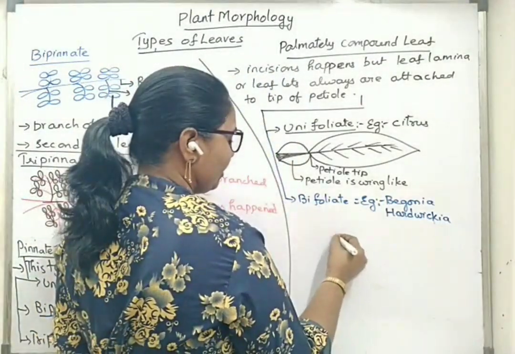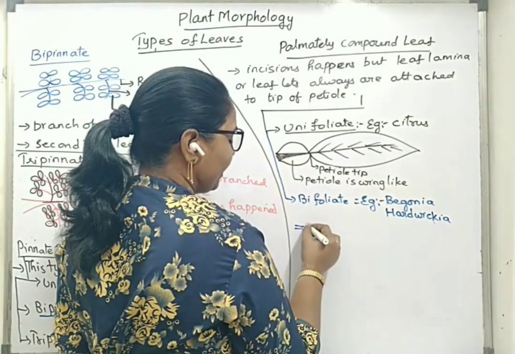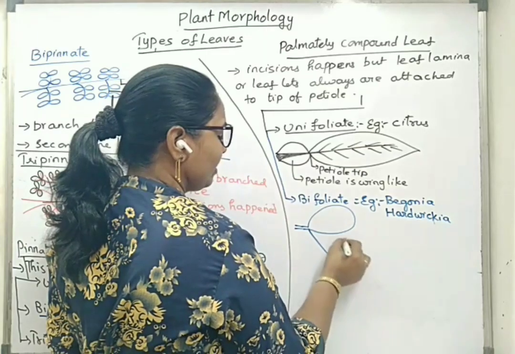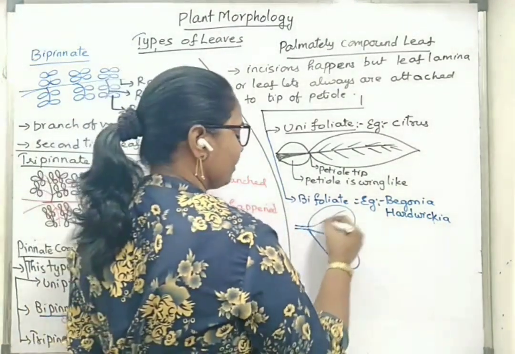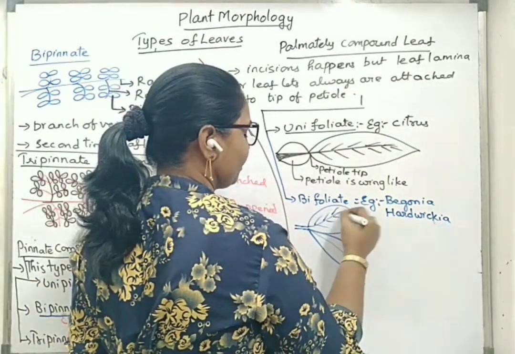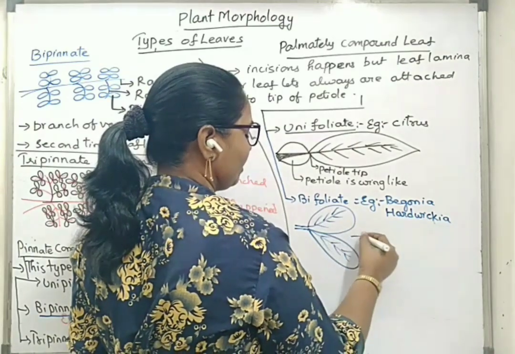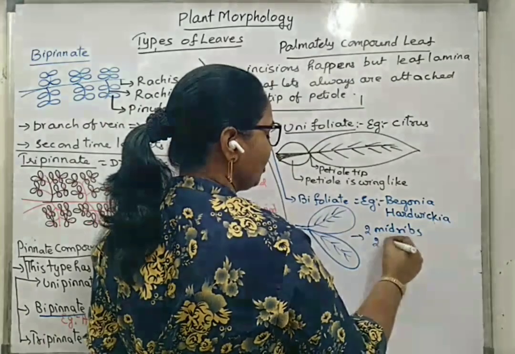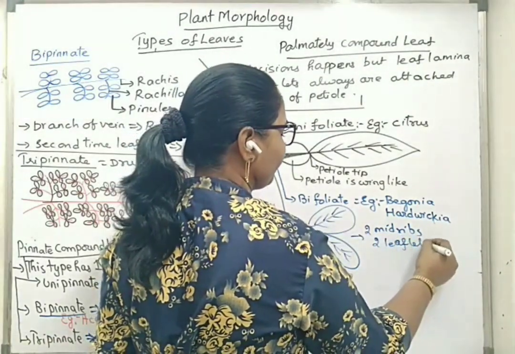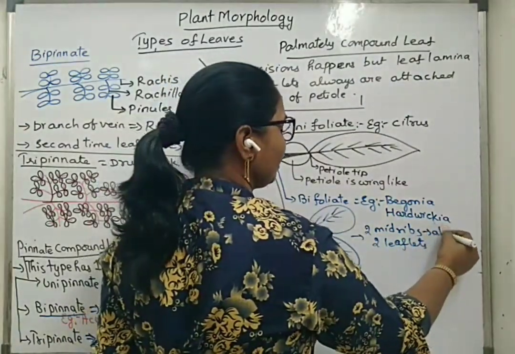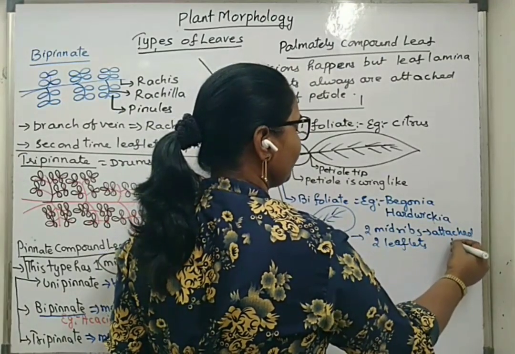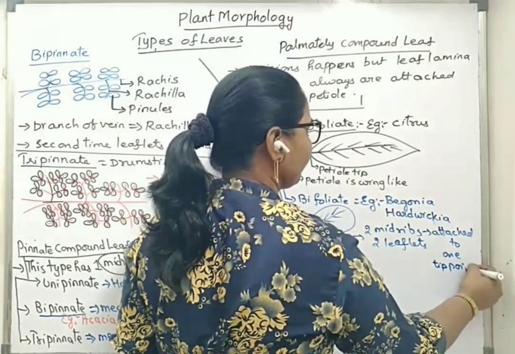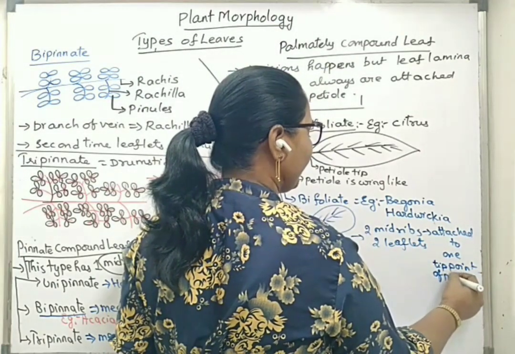So here we can write, if this is the petiole, this is one leaflet, another leaflet, 2 midribs, 2 leaflets, 2 midribs attached to one tip point of the petiole.